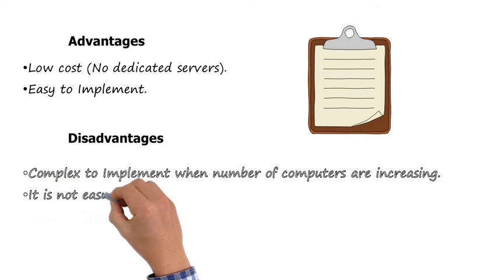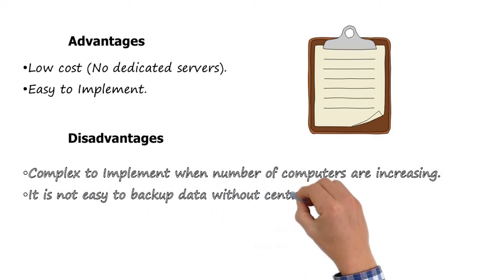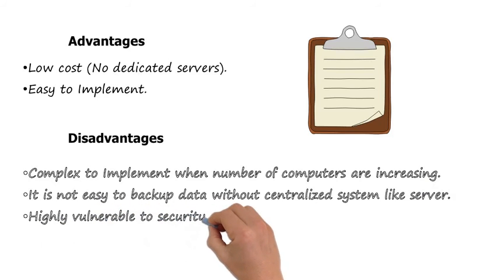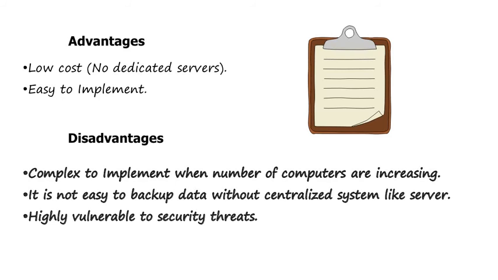If we move to the disadvantages, it is complex to implement when the number of computers increases, and it is not easy to back up data without a centralized system like a dedicated server, and it is highly vulnerable to security threats because there is no responsible person to manage those things.